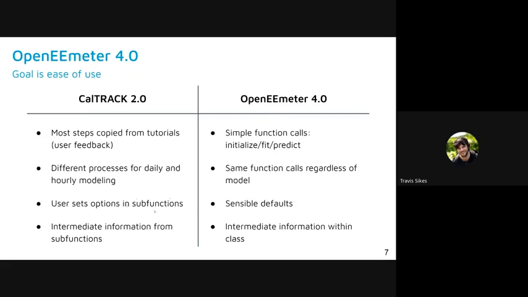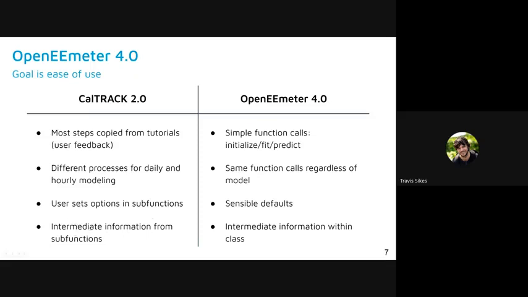Again, this makes it so that the configuration that you're using is not always straightforward, and where you are declaring these things isn't always readily apparent. Whereas with OpenEEmeter 4.0, we want to just have a configuration class that automatically has sensible defaults set and that you can choose to override if you choose.